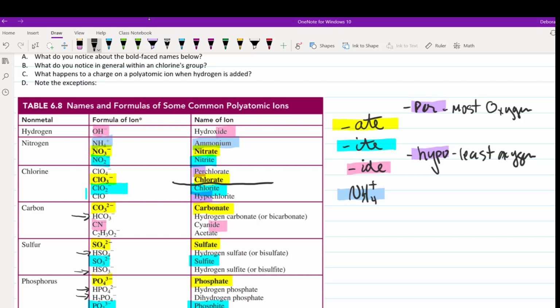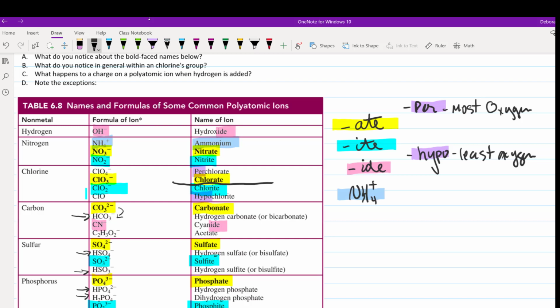What does hydrogen do when I go from carbonate to hydrogen carbonate? If you said it reduces the charge by 1, you are correct. -2 goes down to a -1. Same thing with sulfate. Sulfate 2 negative goes down to -1. Sulfite 2 negative goes down to hydrogen sulfite -1.